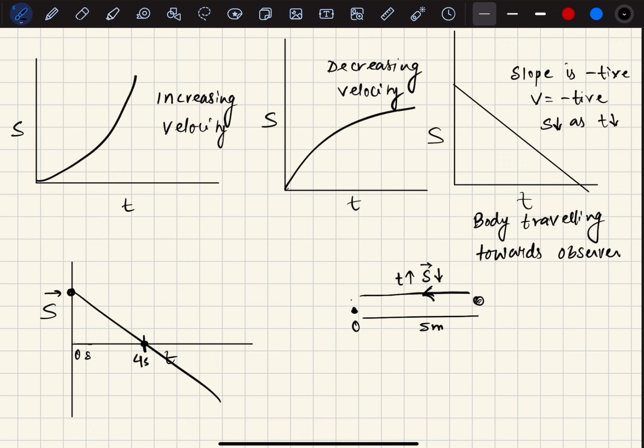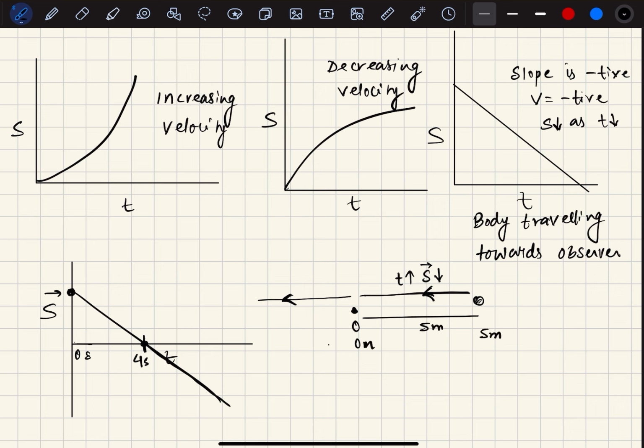Okay. Now what happens? Now the body is going onto this side, and that is why you see the displacement is happening on the other side of it. So if this is 0 meter, this was 5 meter, and it is going on this side, that means it is going to the negative side.